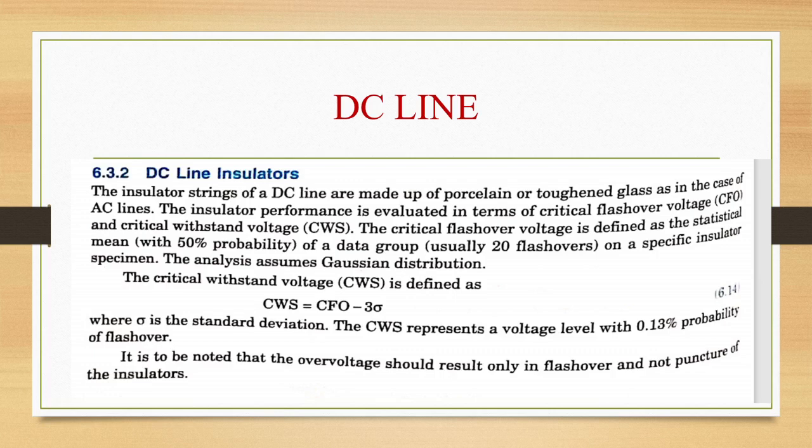The critical withstand voltage CWS is defined as CWS equals CFO minus 3 sigma, where sigma is the standard deviation. CWS represents the voltage level with 0.13% probability of flashover. It is to be noted here that overvoltage should result only in flashover and not puncture of the insulators.